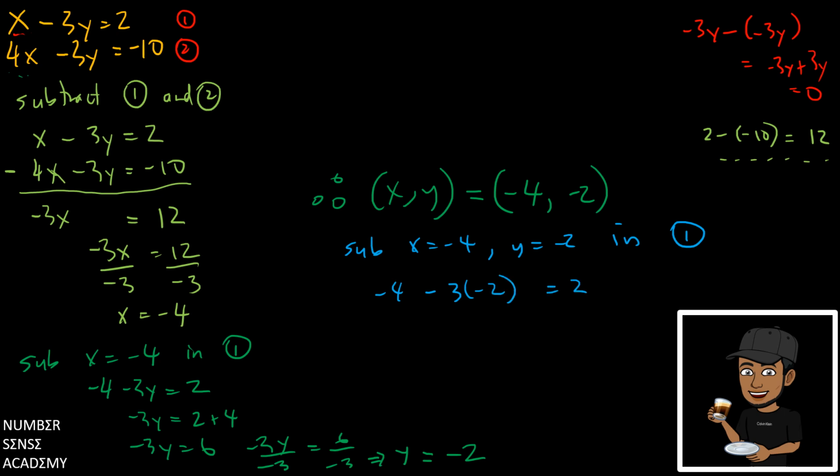Let's see if that's true. Negative 4 plus 6, negative 4 plus 6 is 2. 2 is equal to 2. So those are a solution to these lines. And if you do that same check for equation 2, you'll get negative 10 on one side and negative 10 on the other side. And it works. Excellent.